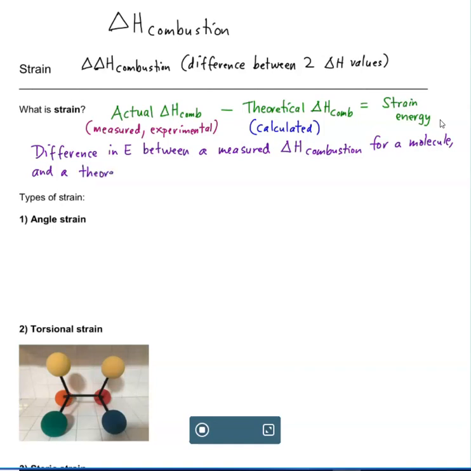So a theoretical delta H for a hypothetical strain-free version of the molecule. Okay, so there's programs that will do this. You just put in the parameters, you minimize energies, and it does the calculation for you.